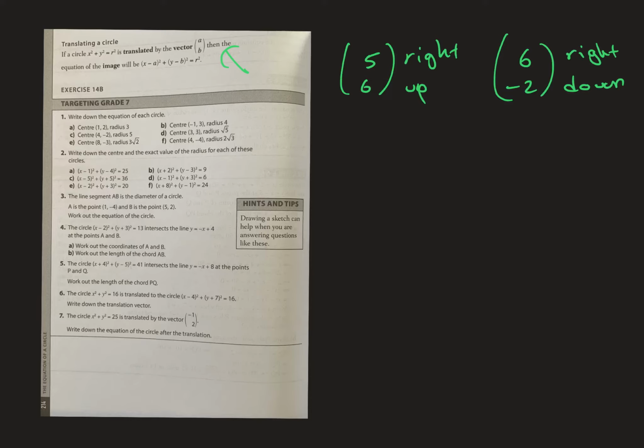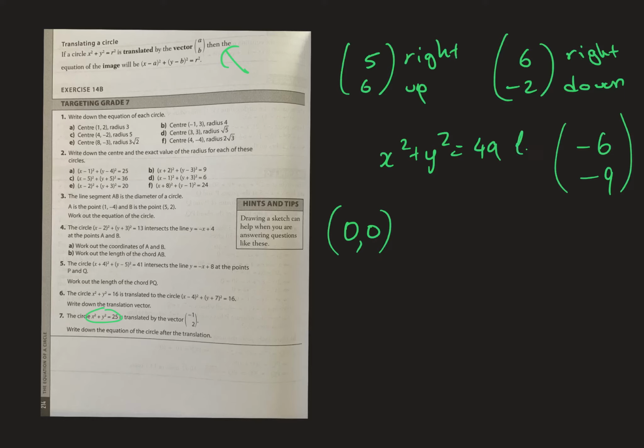So if the question is asking you, say for example, the circle x squared plus y squared equals 49 is translated by vector minus 6, minus 9. So what's happened here? I've got a circle that used to have a center 0, 0, and it's moved by minus 6, minus 9. So it's gone 6 left and 9 down.